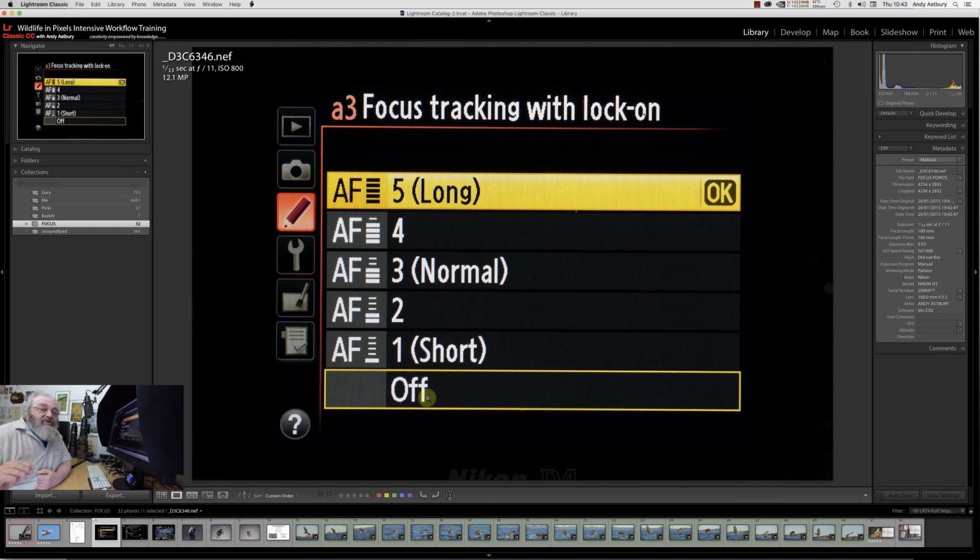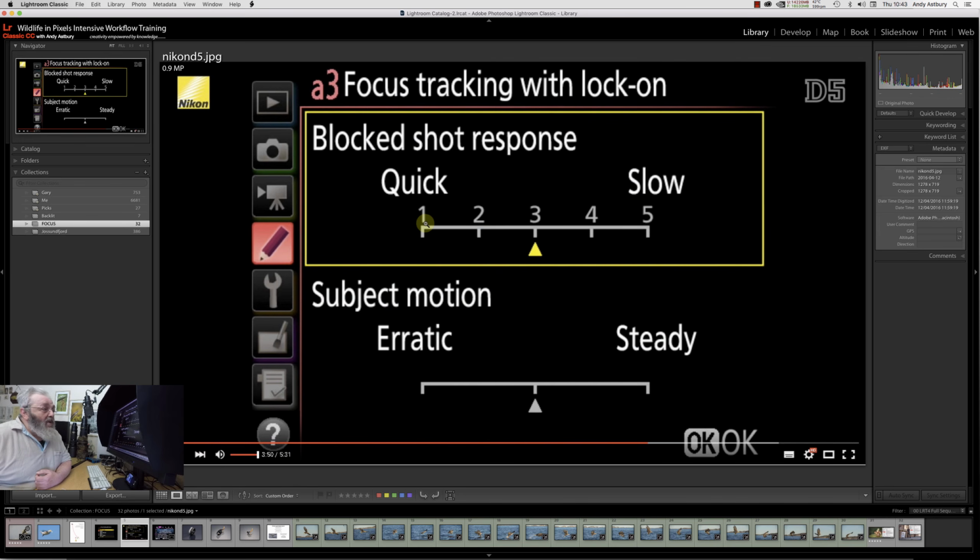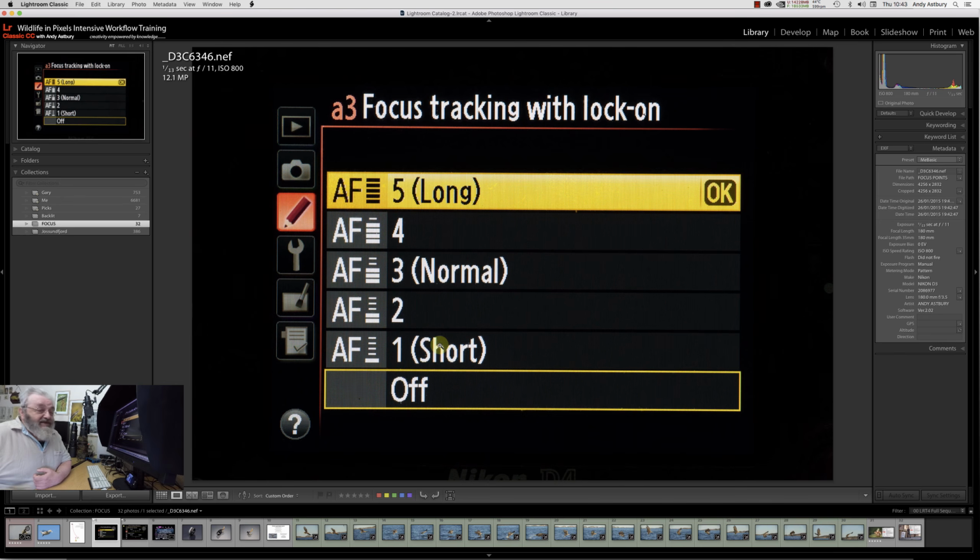It's nice that you can turn it off, because when you are photographing birds against a cloudless blue sky and they've got no other background behind them, then turning it off really does make your autofocus system as fast as it could possibly be. Going over to the new system, I don't know whether 1 is off or it's comparable with 1 on the old system, which means it's very short, but it is still operational.